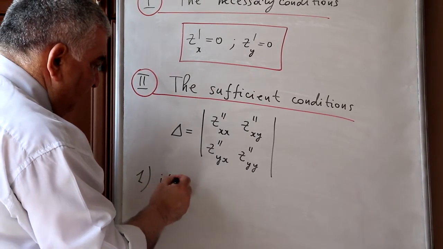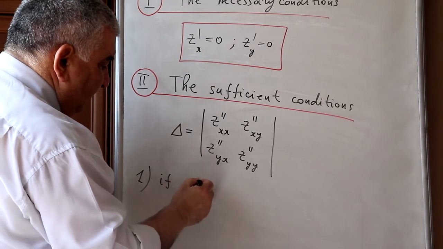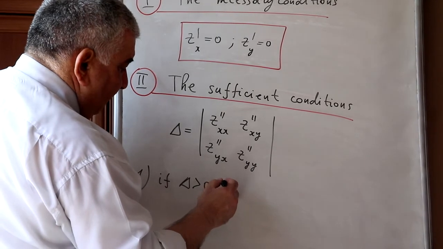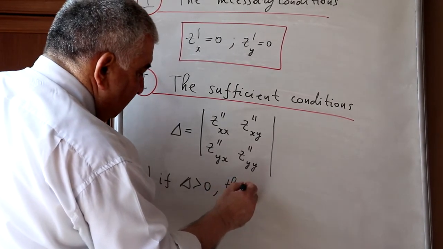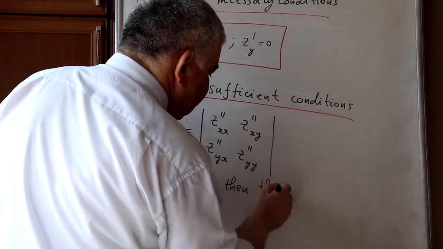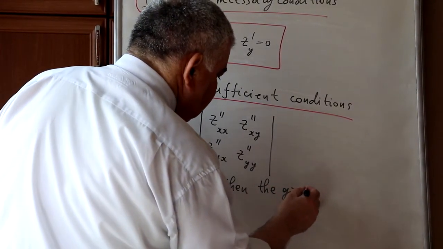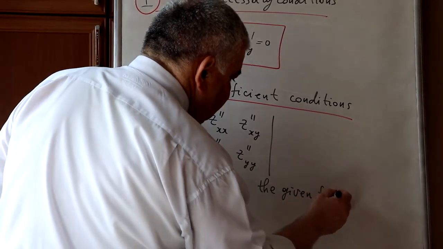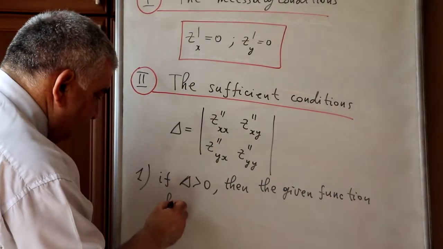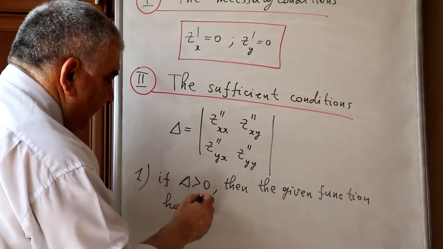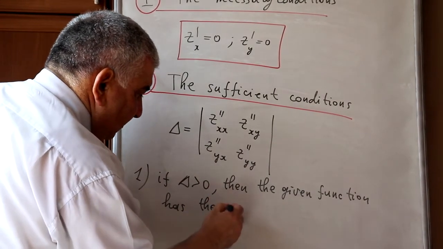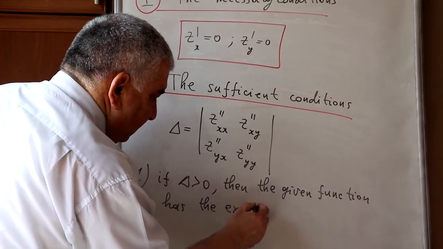If delta is positive, then the given function has the extreme points.